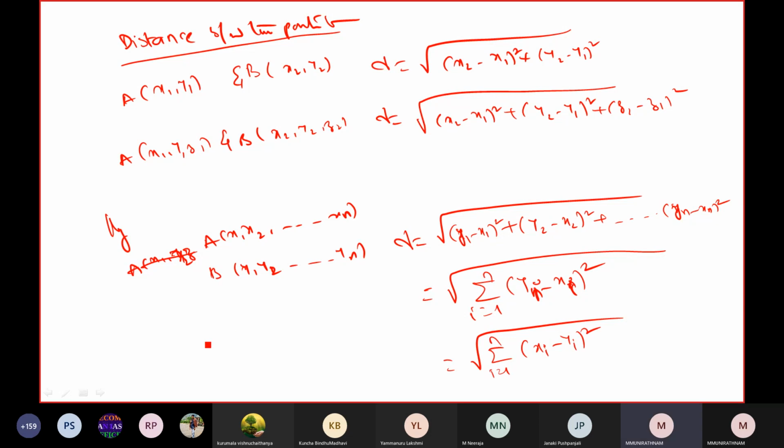So this is the distance between 2 points, A and B, in any direction. It is a straight line.